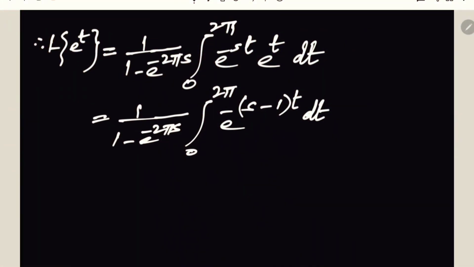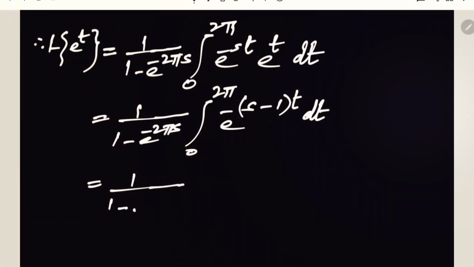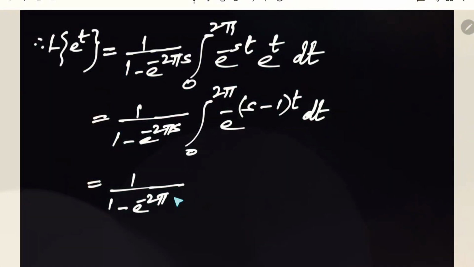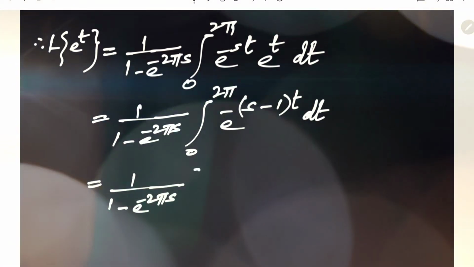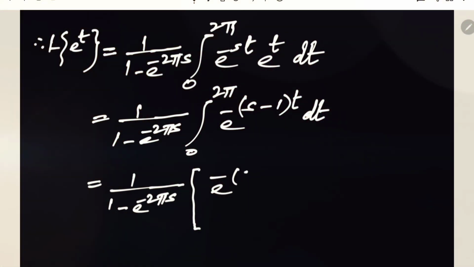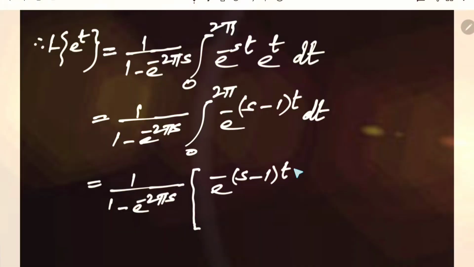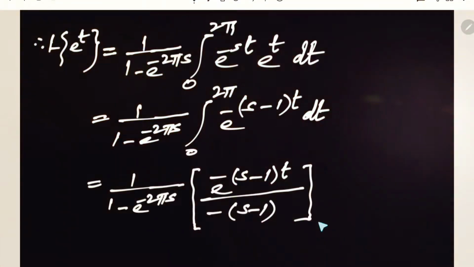Then integrating that term with respect to t, keeping all other terms as they are: 1 upon 1 minus e raised to minus 2 pi s, and the integration of this term is e raised to minus s minus 1 times t divided by minus of s minus 1, with limits from 0 to 2 pi.